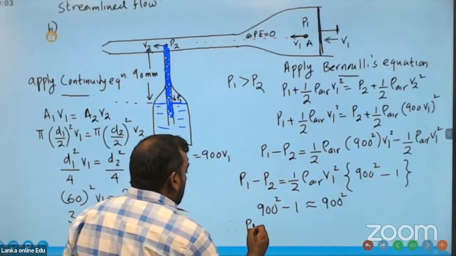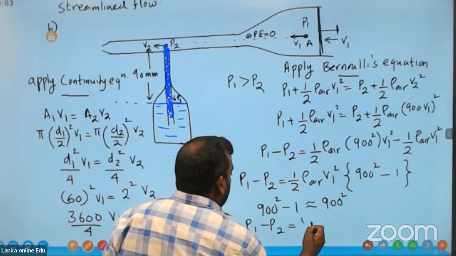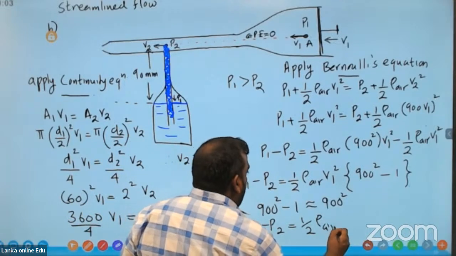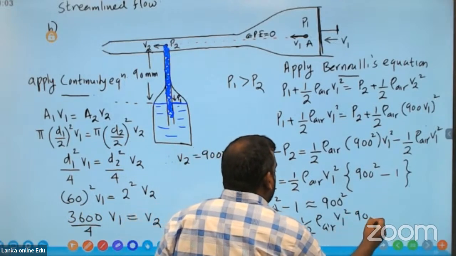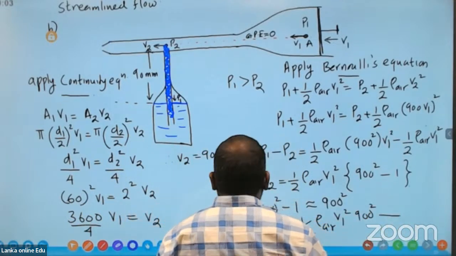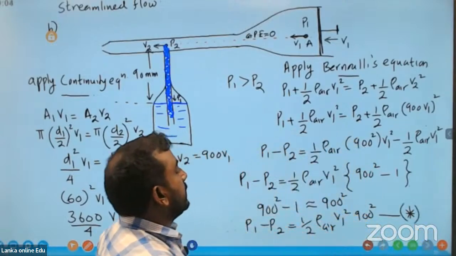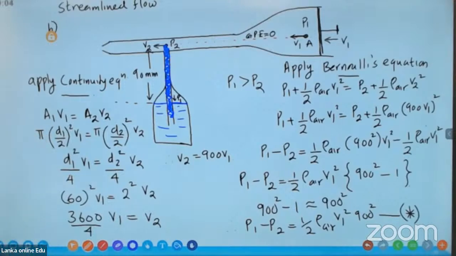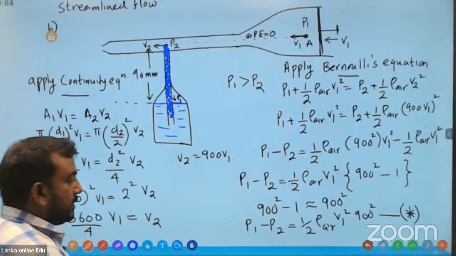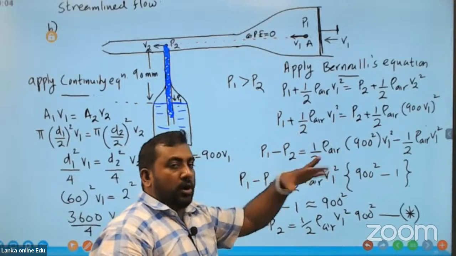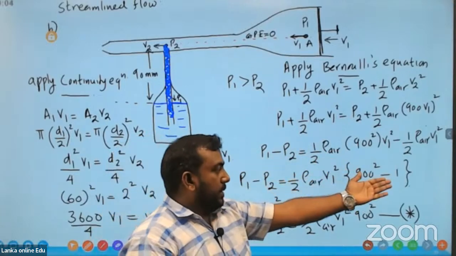Therefore, you can say P1 minus P2 is half density of air V1 squared 900 squared. There you go. We'll name this equation star. You can clearly see a very interesting connection. Once you reach here, please don't go and subtract.